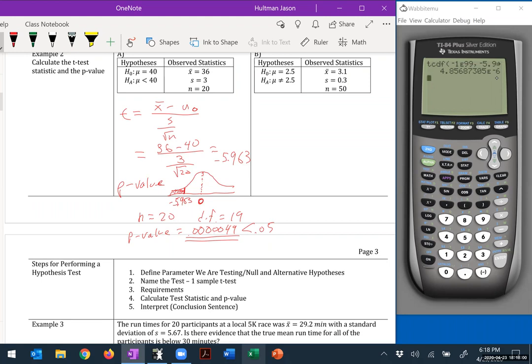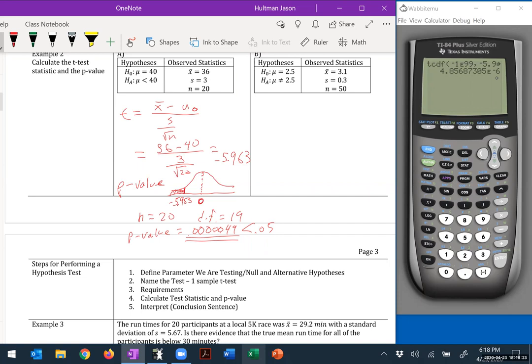1, 2, 3, 4, 5, 6. Yeah, it's like 1 in 500,000 that you would ever get this 36 to be correct, with mu being 40, given that your standard deviation is only 3.